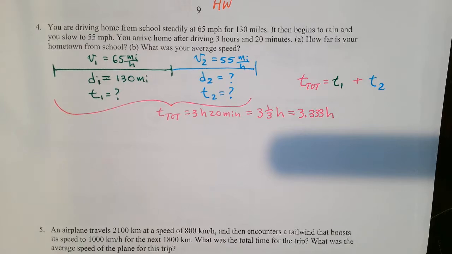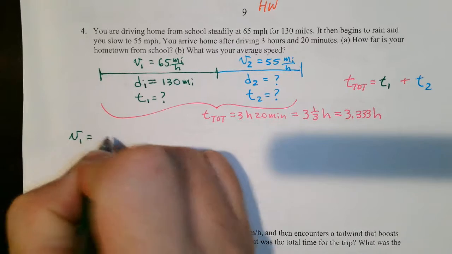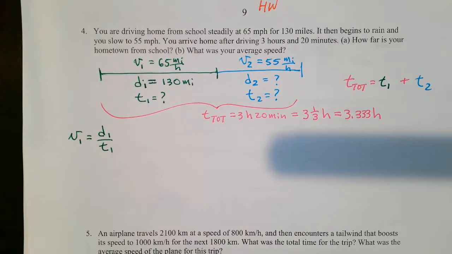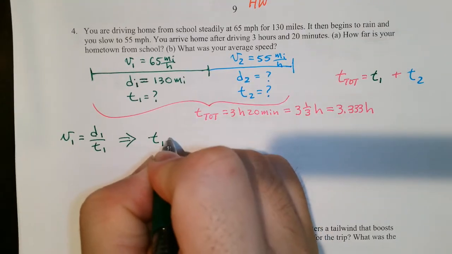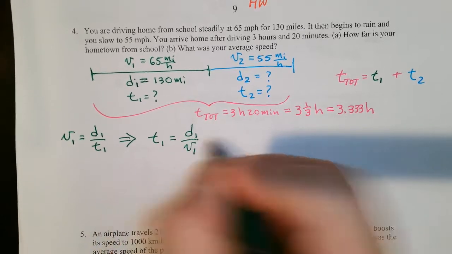All right? So here, my V1 is equal to D1 over T1. Therefore, T1 is equal to D1 over V1.